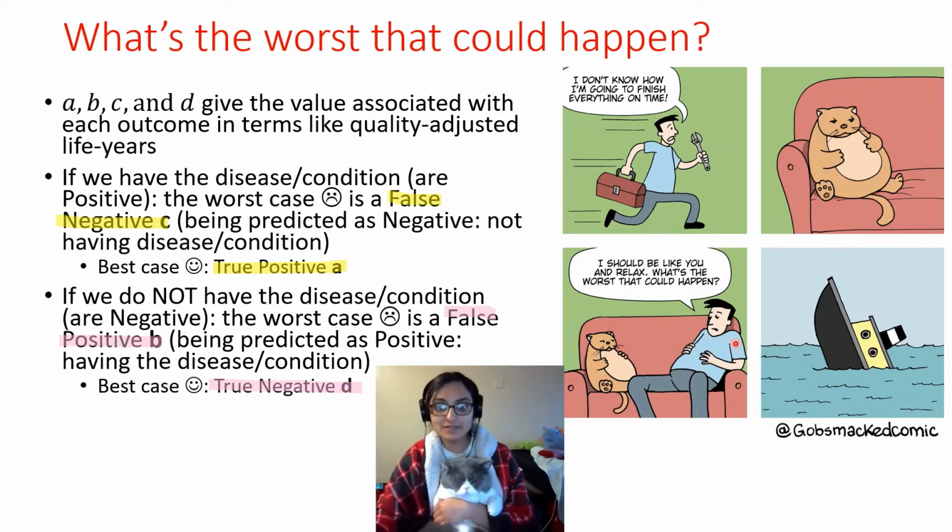So that's the worst thing that could happen, Yankee. And the best case is a true negative, where when you don't have the disease or condition, it's correctly predicting that you do not have it. But the worst case again, if you don't have the disease or condition, if you're actually negative, is being a false positive, B. But if you actually have it, if you're actually positive, then the worst case is being a false negative, C.